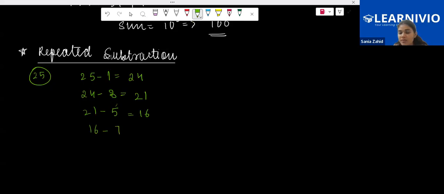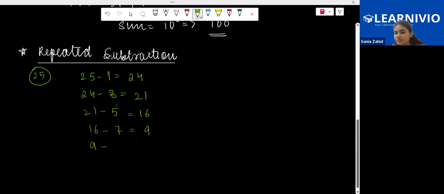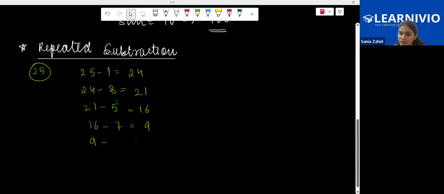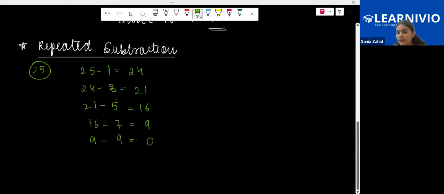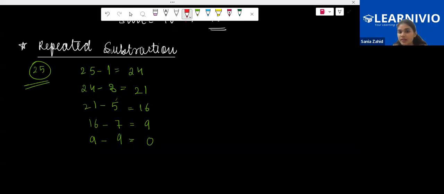What does it become? 9. Very good. And then 9 minus 9. So do I get a 0 at last? Yes, ma'am. After continuously subtracting odd numbers from the given number, I get a 0 at last. That means the given number is a perfect square. Yes, 25 is a perfect square.